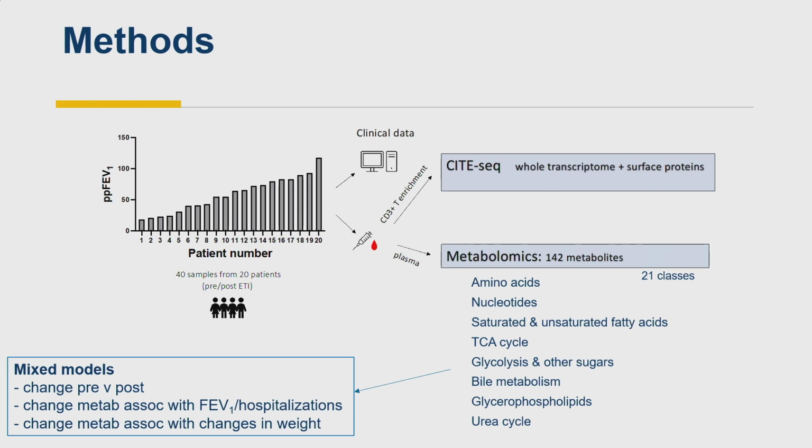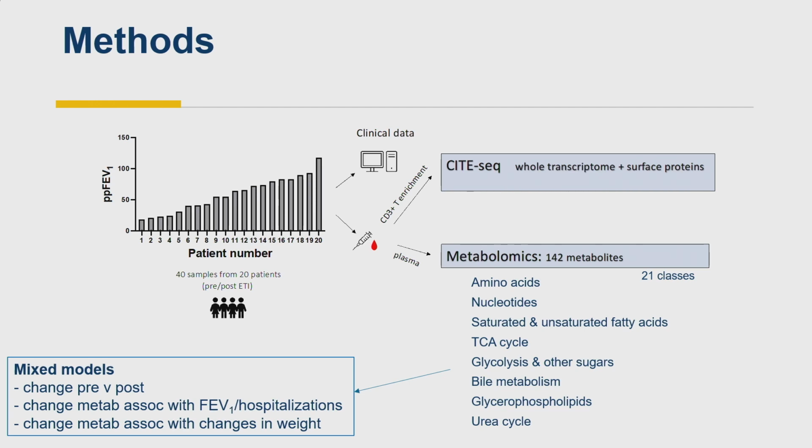And then what we did with those patients is we recorded clinical data. We looked at their T cells, so we looked at what was happening on a cellular basis from a transcriptomic standpoint and from a surface protein marker standpoint. But we also looked at the metabolomics in the plasma. And that's what I'm going to talk about today.